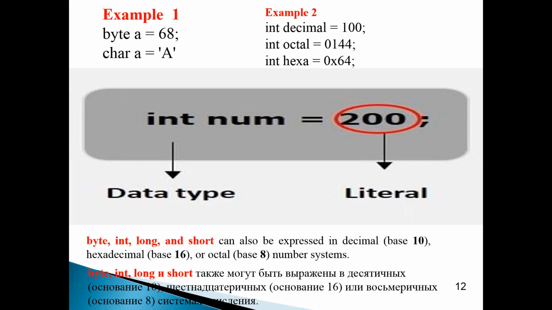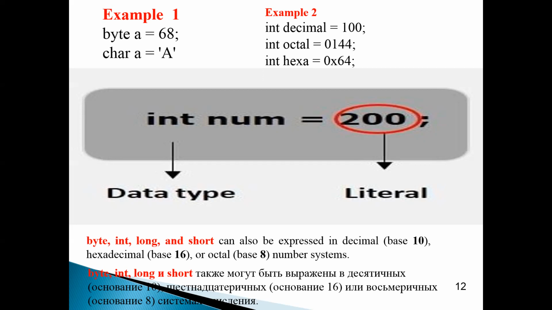Byte, int, long, and short can also be expressed in decimal, it means base 10, hexadecimal, base 16, or octal, base 8 number system.